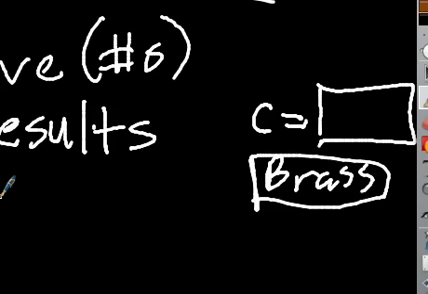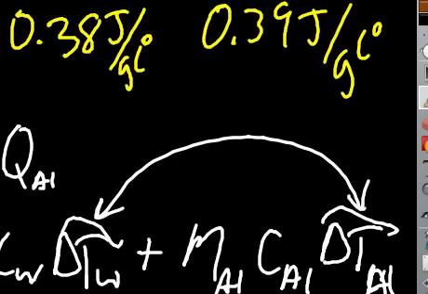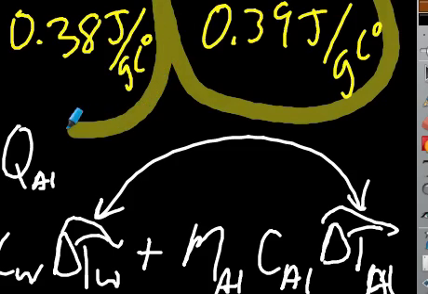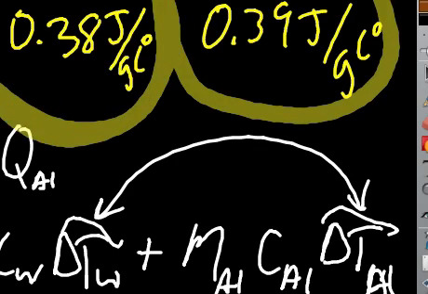Then the percent error is going to be determined by using these values. Copper, brass, aluminum, and steel.